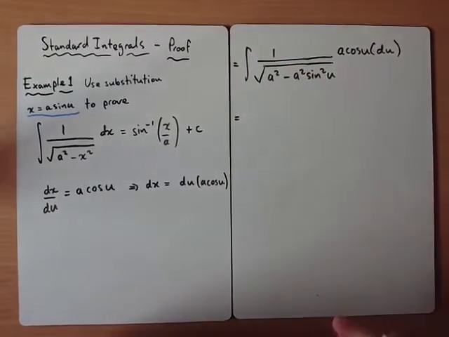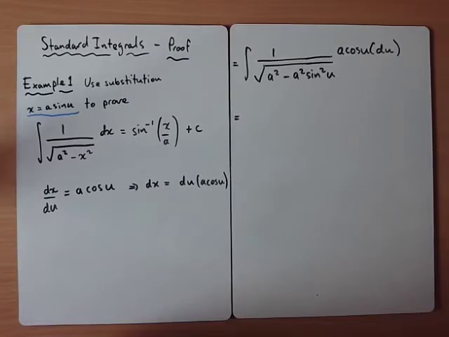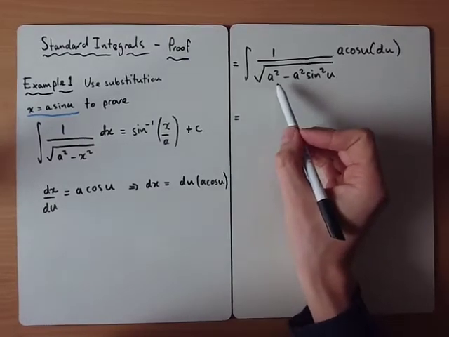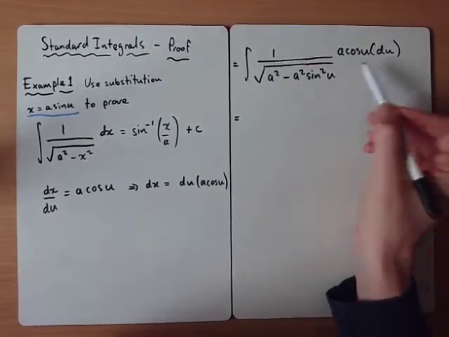So it looks a bit messy what we've got at the moment, but there's a common pattern that happens on these substitutions for all the standard results. Luckily we don't need to remember them all. We've just got to decide which one we're using if we're going to integrate something, and if we're going to prove something using the substitution, we've got to decide what substitution we're going to use. We need to tidy this up.